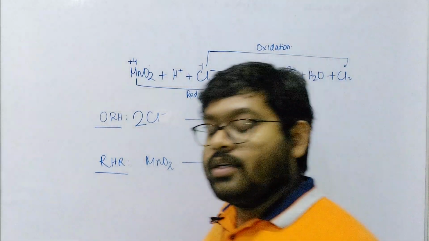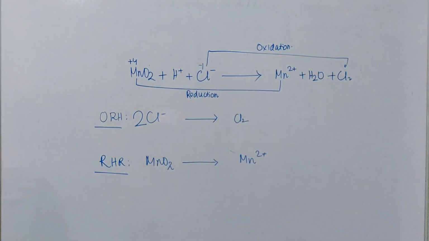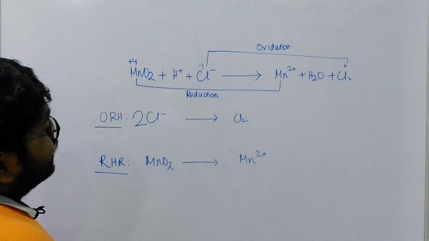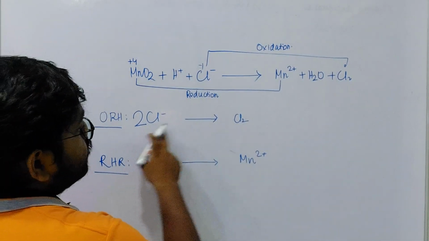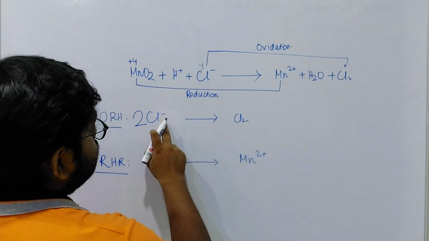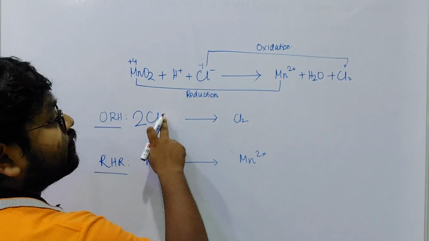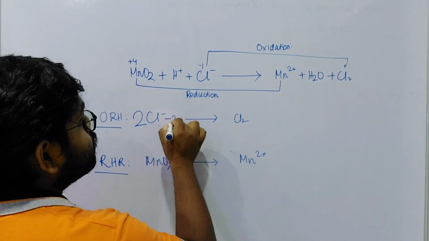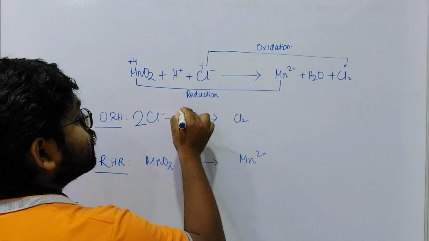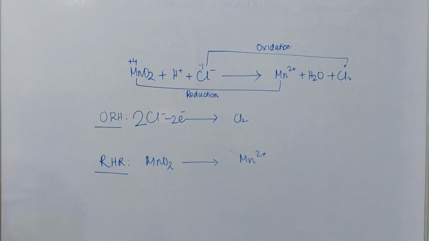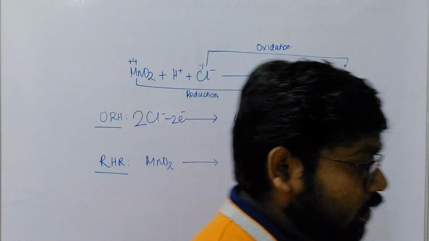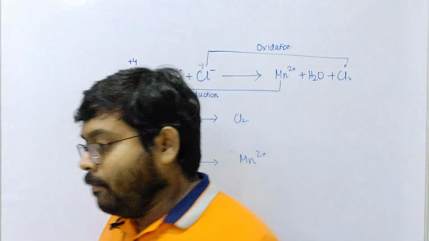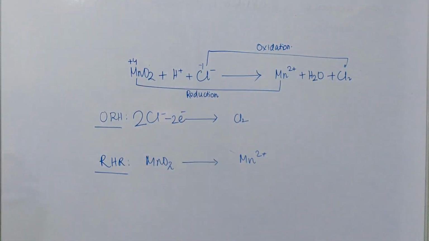Then we will start our process. Simply 2 Cl- into Cl2, which means you need to remove the negative charge, so you need to remove 2 electrons from the Cl-, so that they become Cl2.